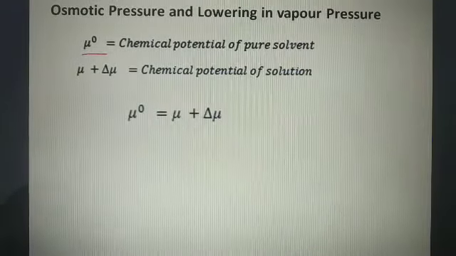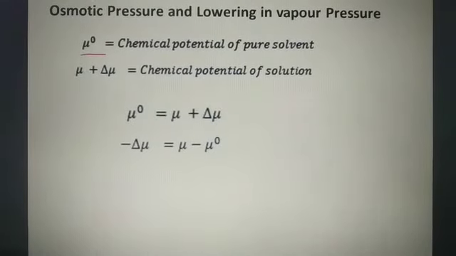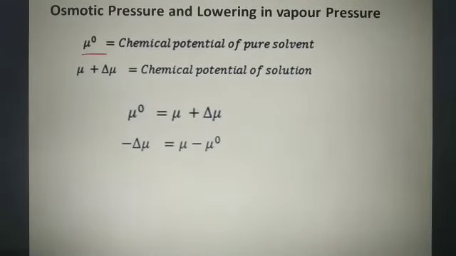So let us calculate the difference of the chemical potential of both sides for the solvent. It becomes minus delta mu is equal to mu minus mu naught. That is the difference of the chemical potential from the solution side and from the solvent side. The solvent side chemical potential is more, so automatically what value will come? Negative.